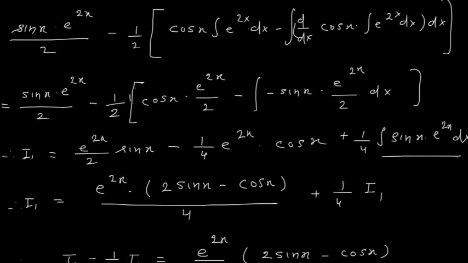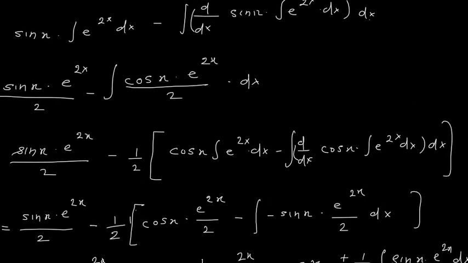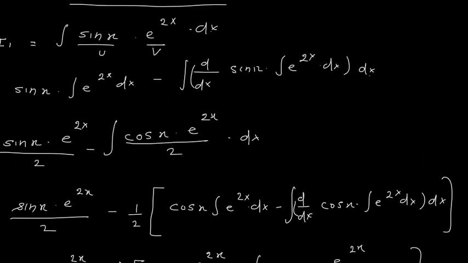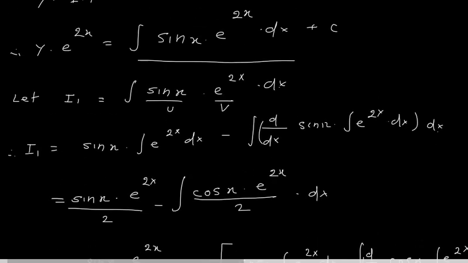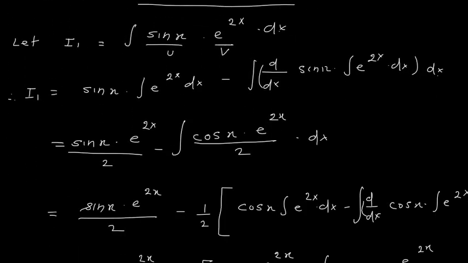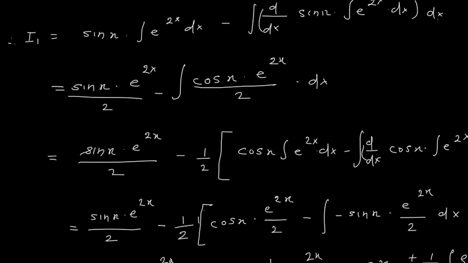Let us check. I think there is some mistake. Let us verify. Sin x e power 2x. So here we have written sin x e power 2x dx minus the integration of d by dx of sin x e power 2x dx. The derivative of sin x is cos x, so it is cos x e power 2x upon 2. The minus sign is there, so minus 1 upon 2 we have taken out.